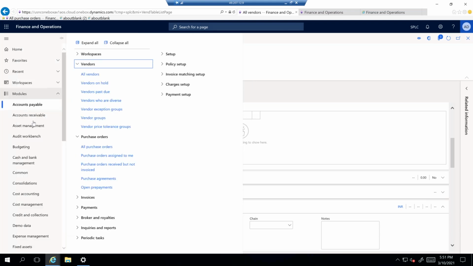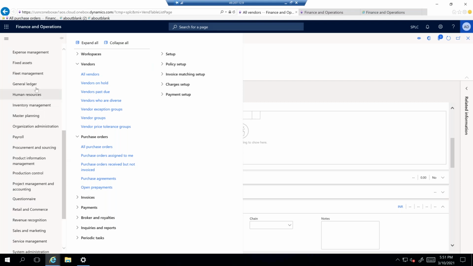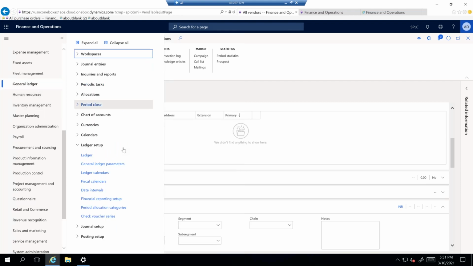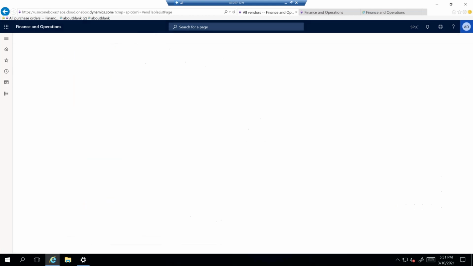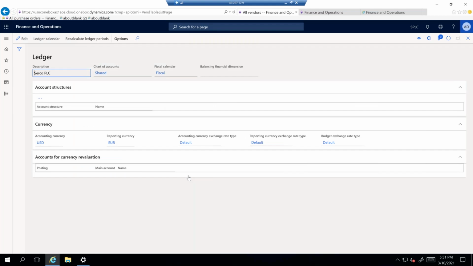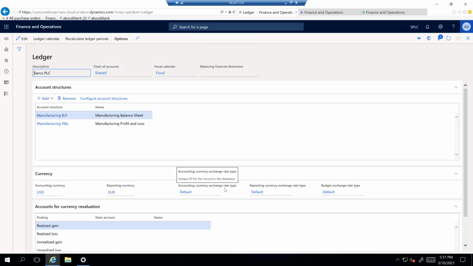Now the ledger form, the general ledger form. You have mapped the accounting currency exchange rate and reporting currency exchange rate.